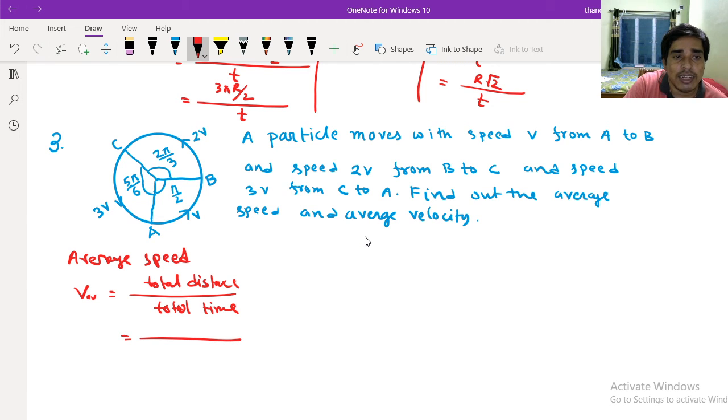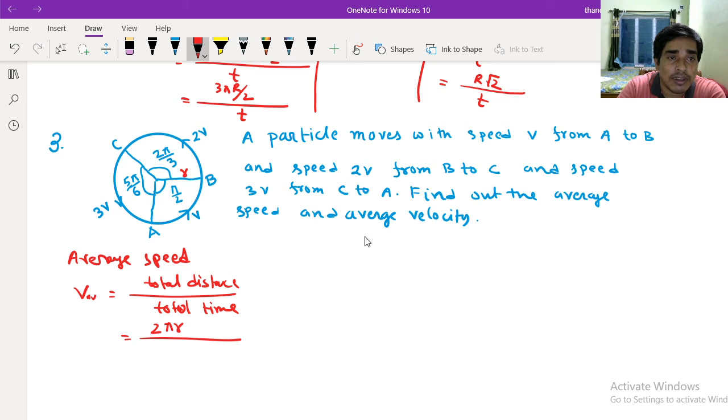So the total distance, from A back to A, suppose this is r and this is r, is equal to 2 pi r, and you have to calculate the total time.